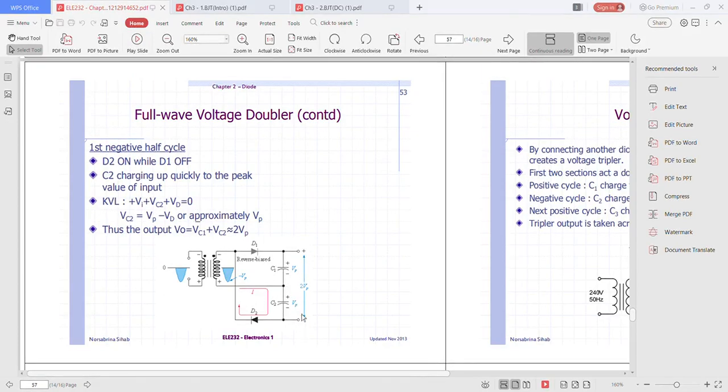So the output here is actually adding Vc1 and Vc2, so you will get 2 Vp.